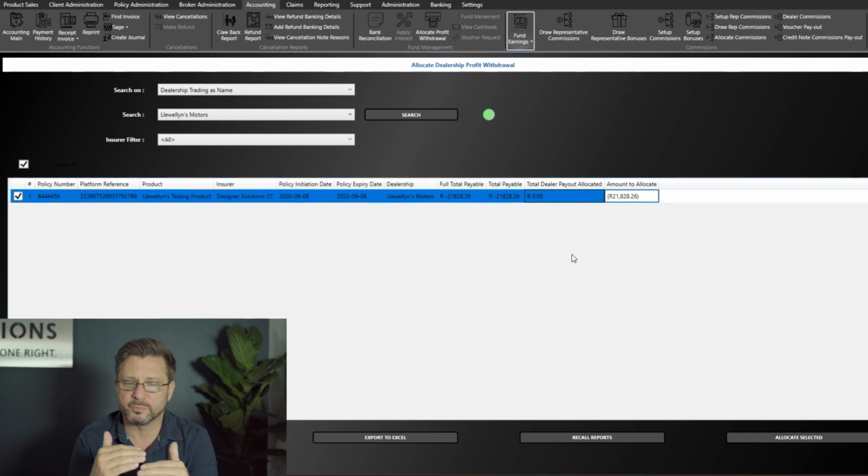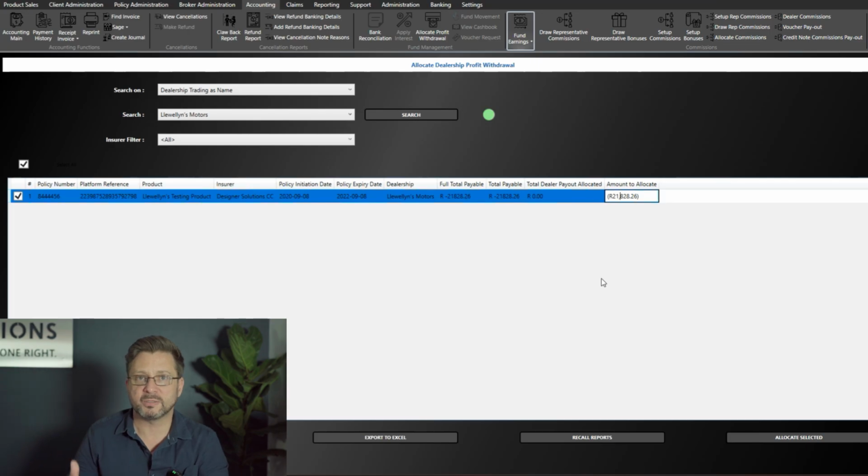As this dealership grows, this negative will be consumed by the positive values that are lying there. This is why we say to everyone, you need to ensure that you get a good penetration rate within the dealership. You need to make sure that you're selling as much product per vehicle as you can.